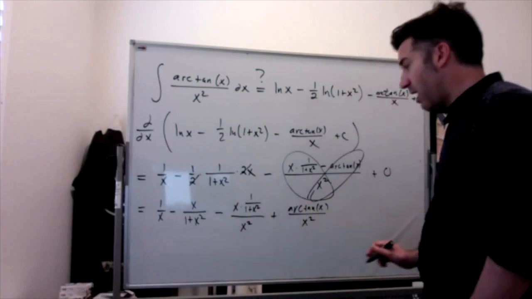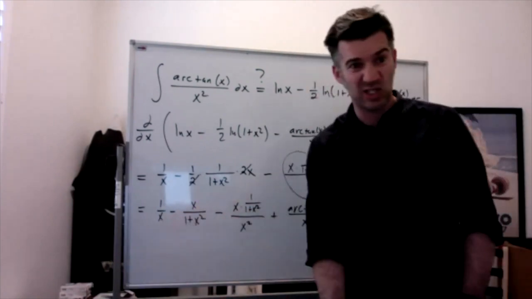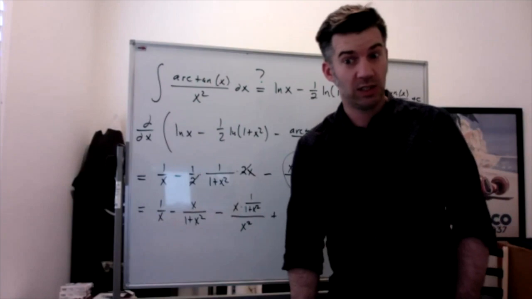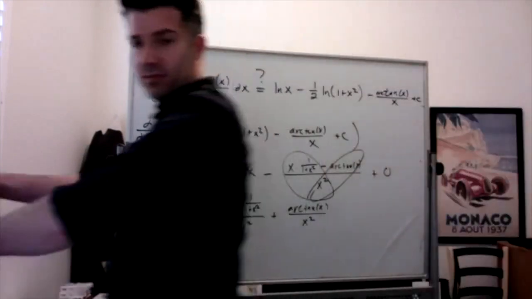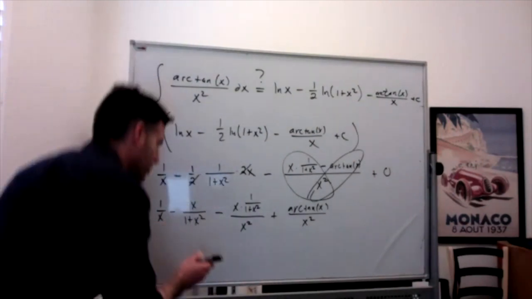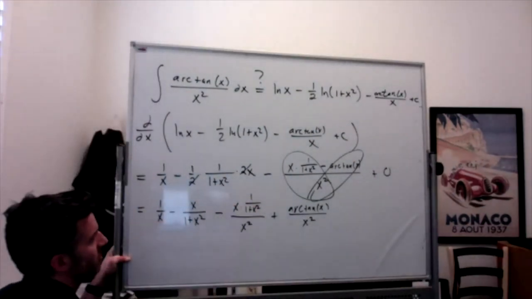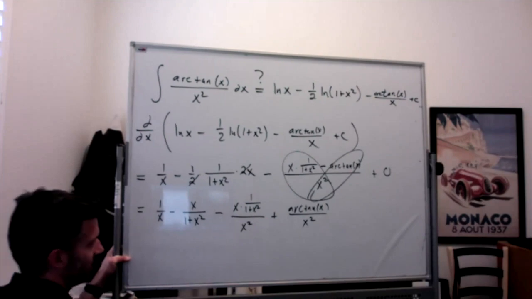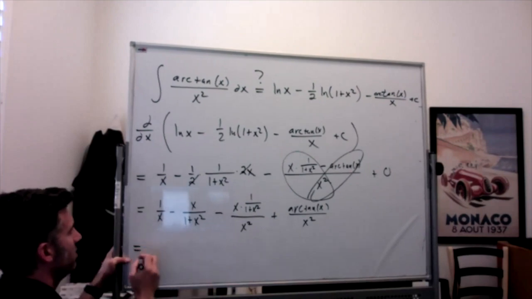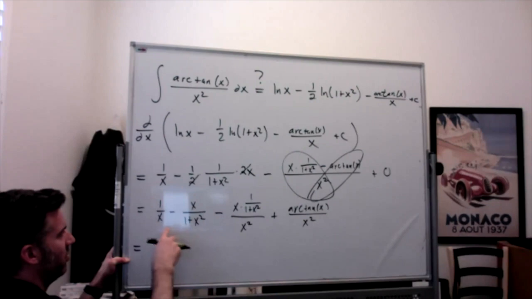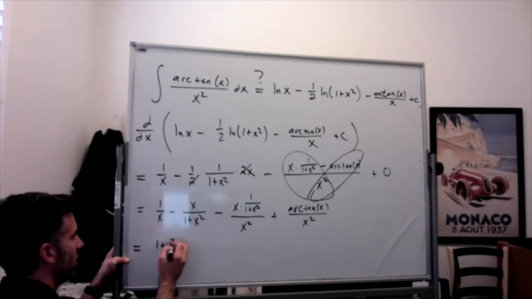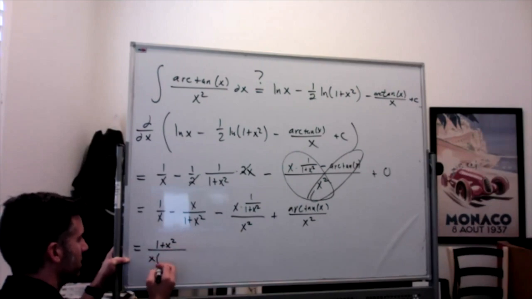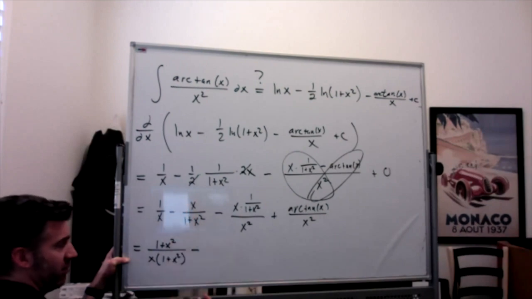So for this to work out, I need all of these things to cancel. Well, let's see. I can get a common denominator. So let me rewrite it. Let's get some common denominators. So I'm going to multiply this by 1 plus x squared over 1 plus x squared. So I have 1 plus x squared over x times 1 plus x squared. Minus, here I'm going to multiply by x over x.